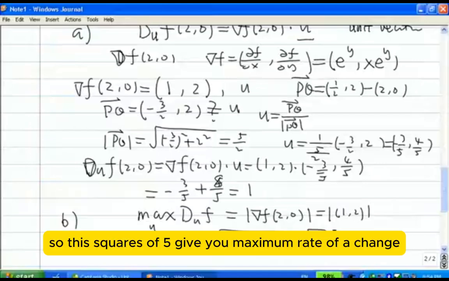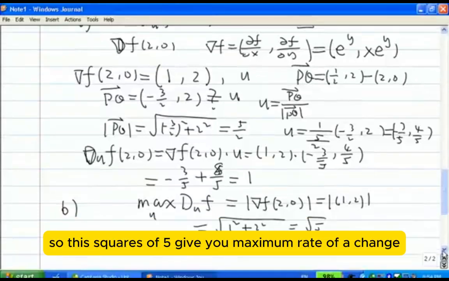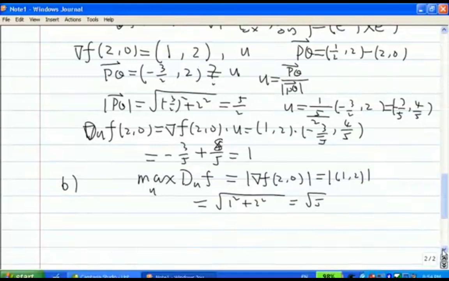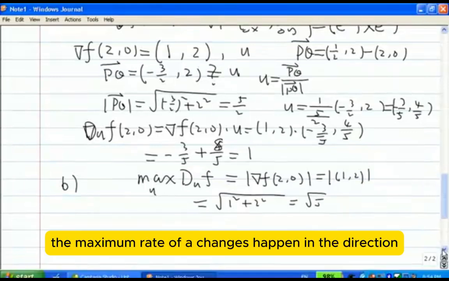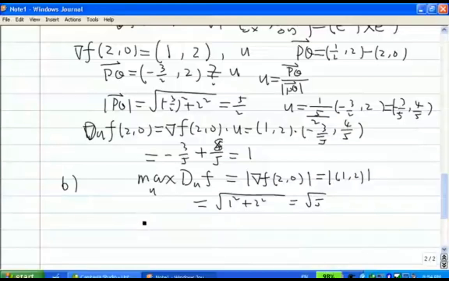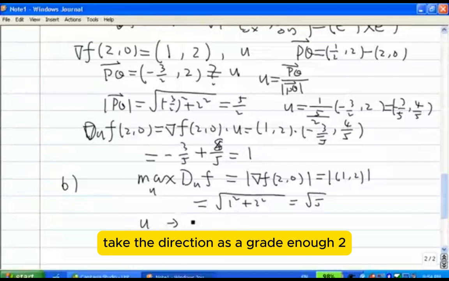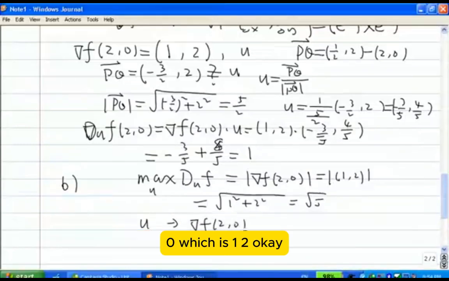So this square root of 5 gives you the maximum rate of change. Remember, the maximum rate of change happens in the direction of the gradient f(2, 0), which is (1, 2).